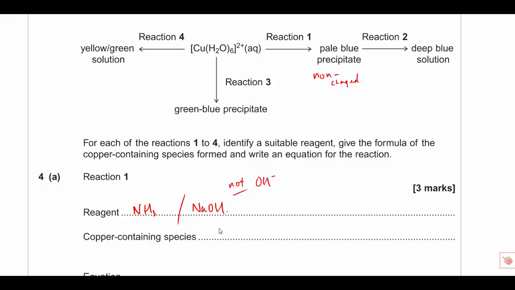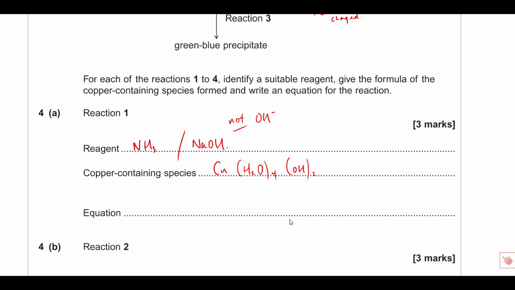The copper containing species is going to be Cu(H2O)4(OH)2, and then equation. So Cu(H2O)6 2 plus. I'll do it with NH3.